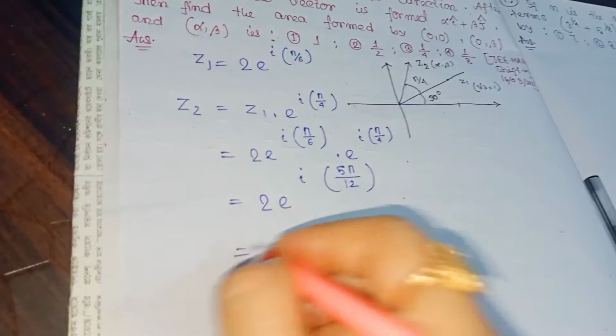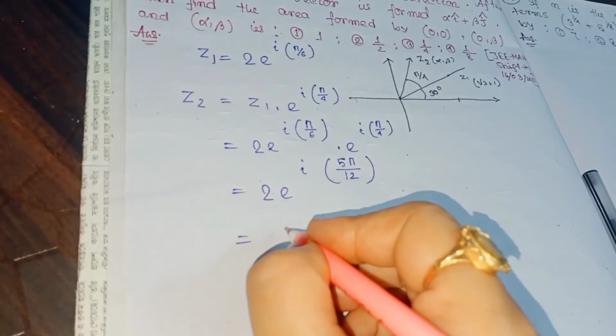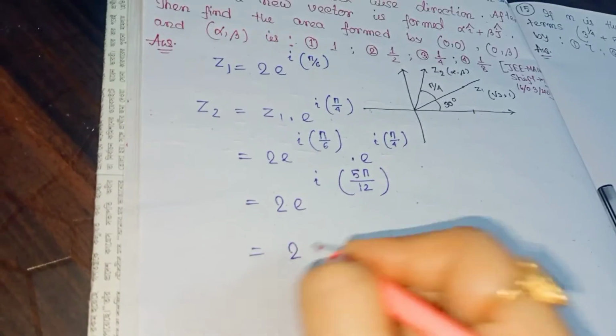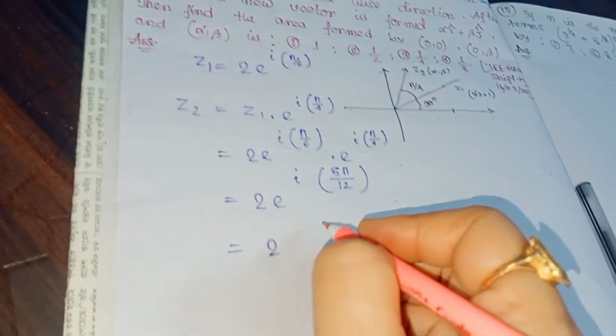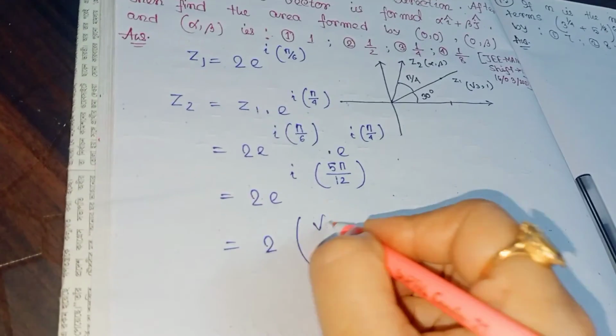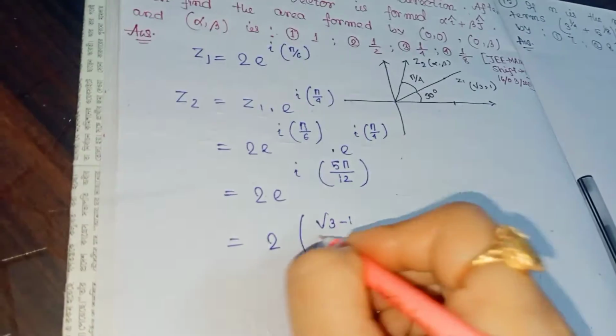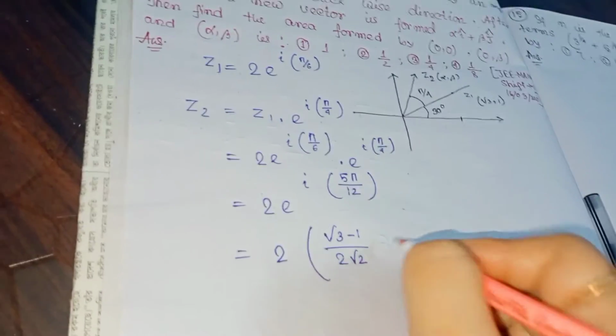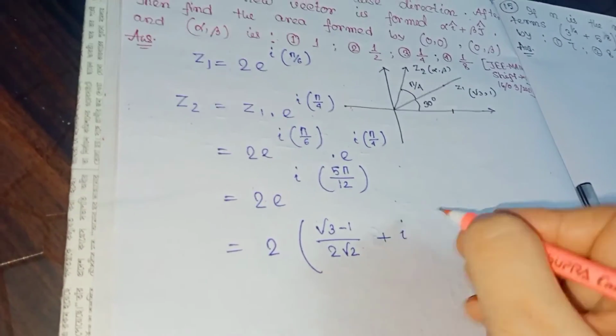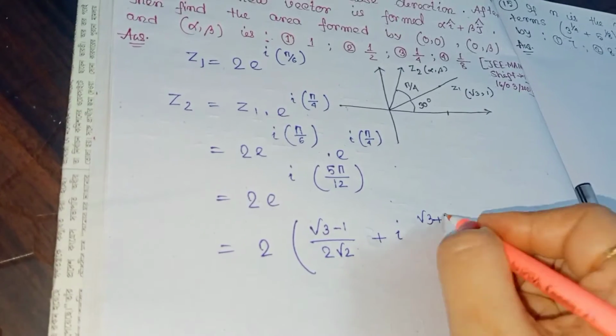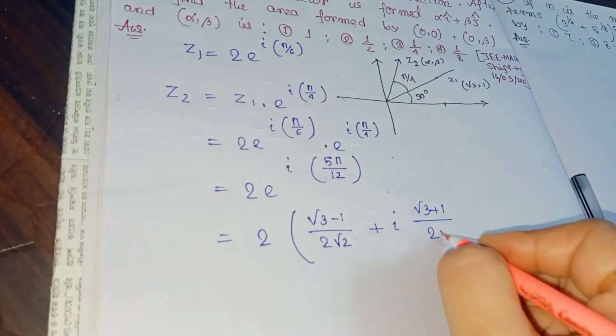Now the value becomes 2 into root 3 minus 1 by 2 root 2 plus i root 3 plus 1 by 2 root 2.